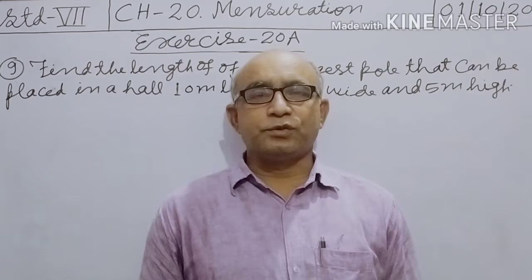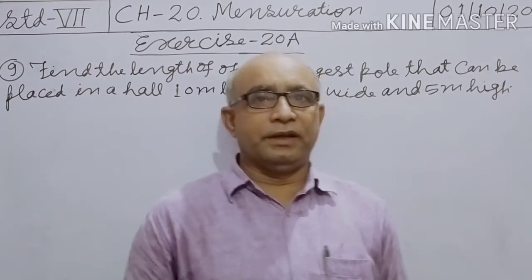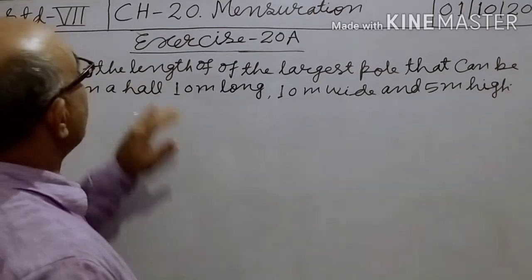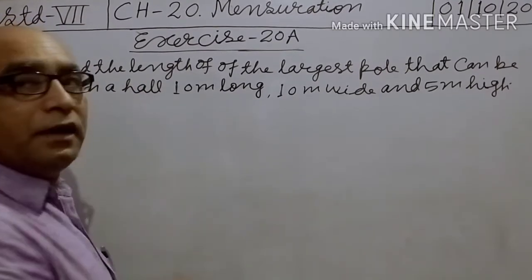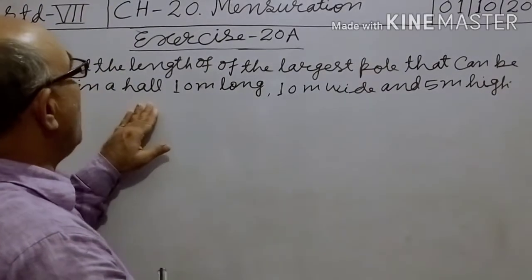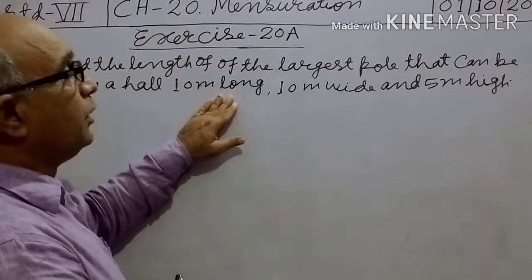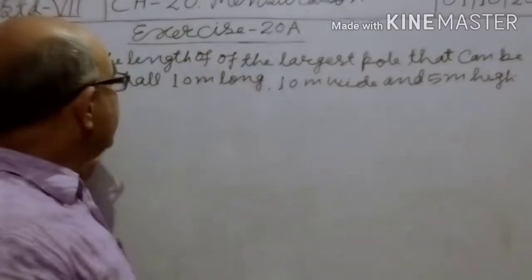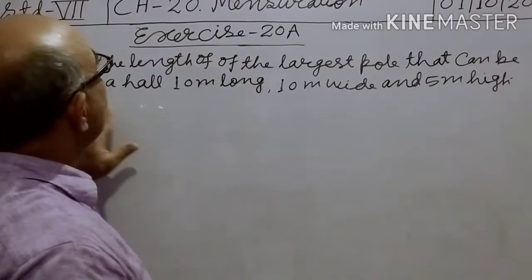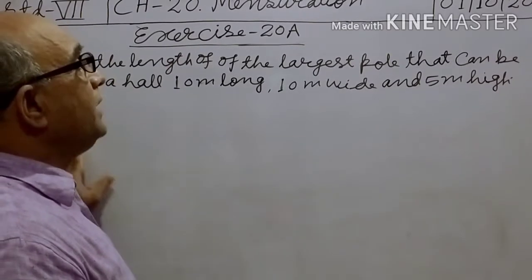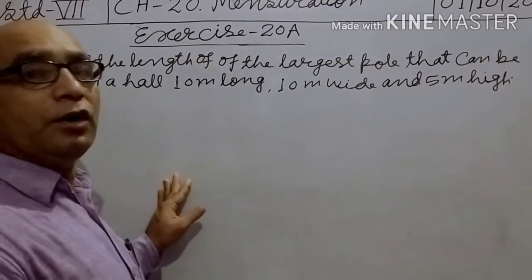Students, next question is question number 9. In this question, find the length of the largest pole that can be placed in a hall 10 meter long, 10 meter wide and 5 meter high. We have to find the length of the largest pole which can be placed in a hall.